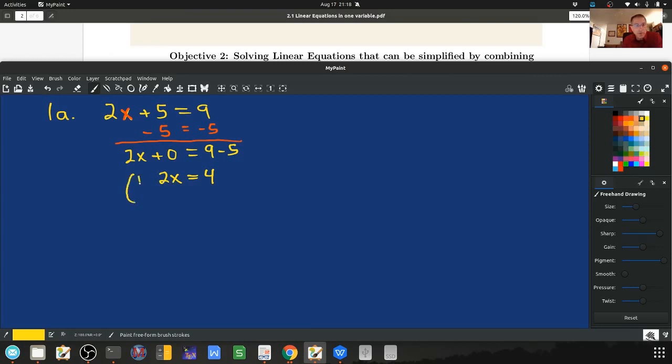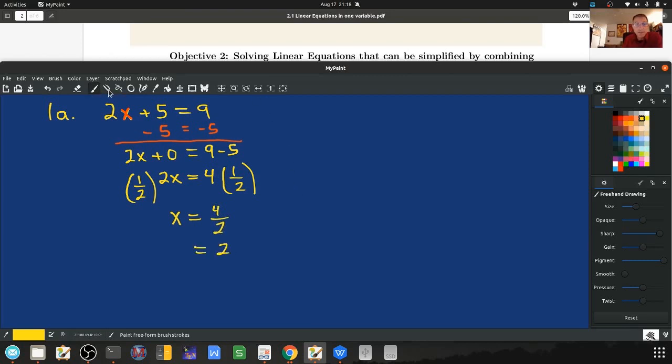So I'm going to multiply both sides by 1/2. Remember, I have to do it to both sides. So 1/2 times 2 is 1, so that leaves me 1x. And I don't write 1x, I just write x. And 4 times 1/2 is the same as 4 divided by 2, so that's equal to 2. So that's one way to do it.